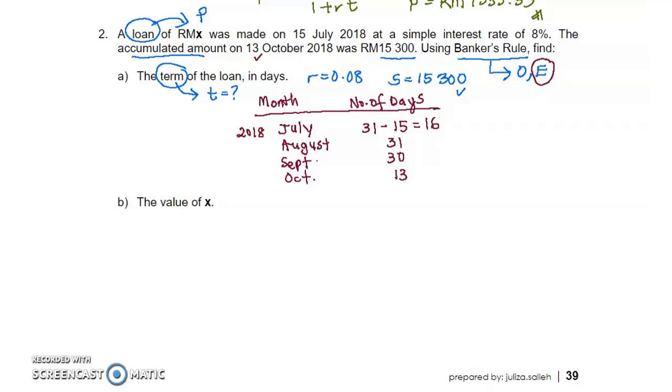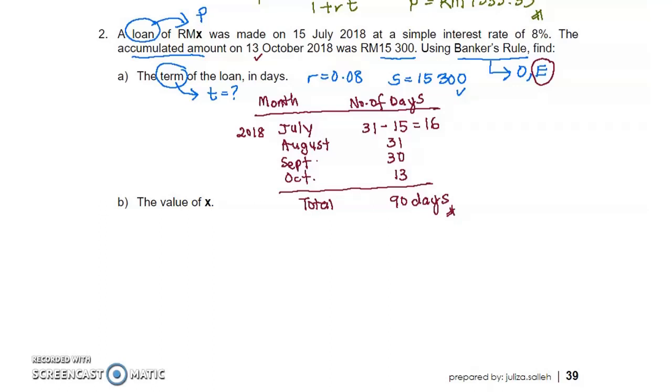If you total this up, the number of days is 90 days. So T, the term for this loan, is 90 days. Now find the value of X, which is value P just now.